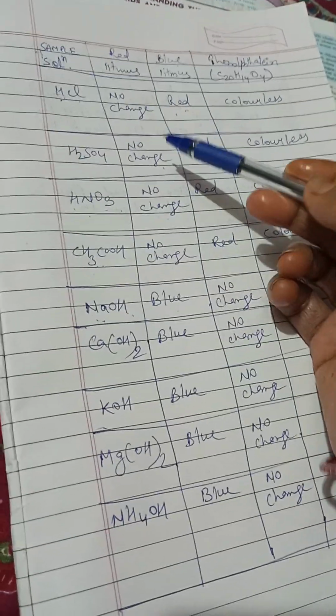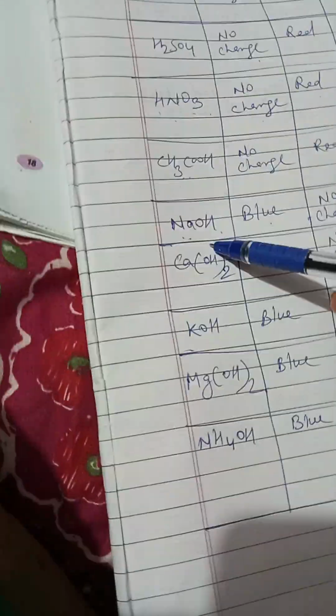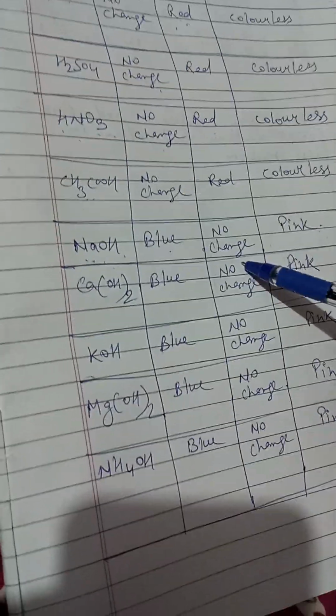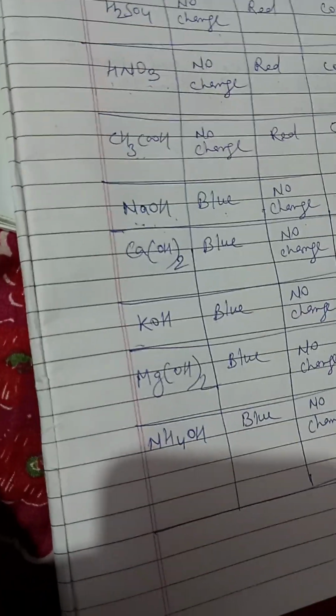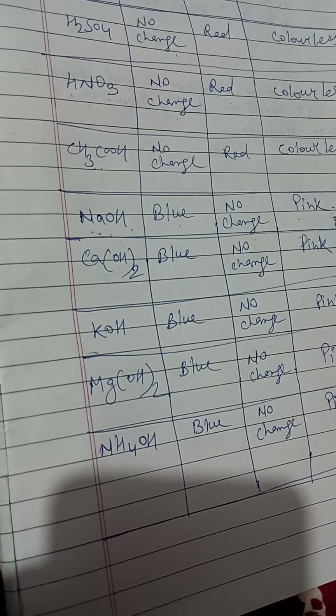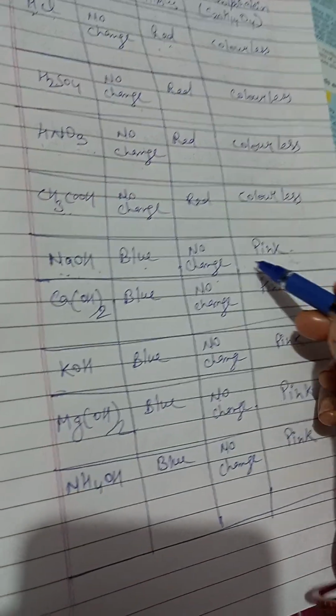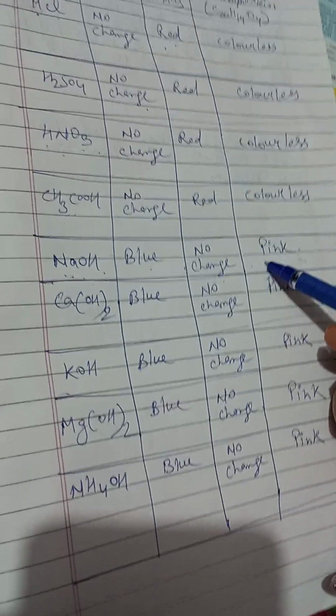So it is a basic solution. Blue litmus has no change, and phenolphthalein changes to pink color.